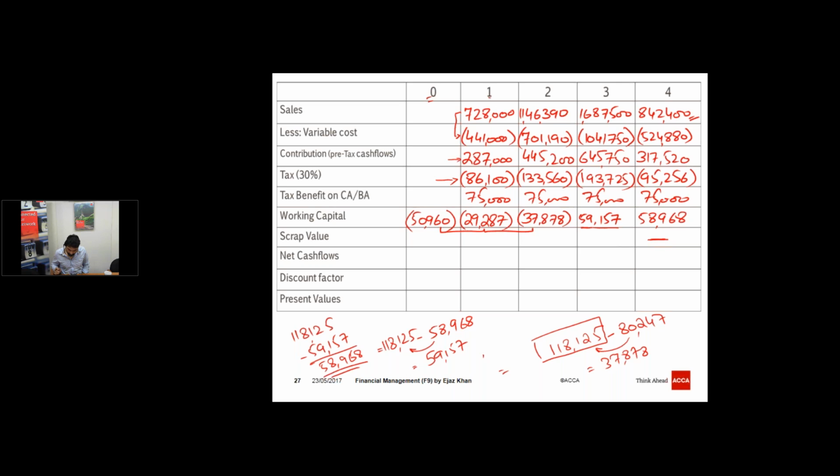Okay, we don't have any other thing in the question, so we'll net off all these figures to get the net cash flows. So it will be 50960. Just calculate the net figure for year one.